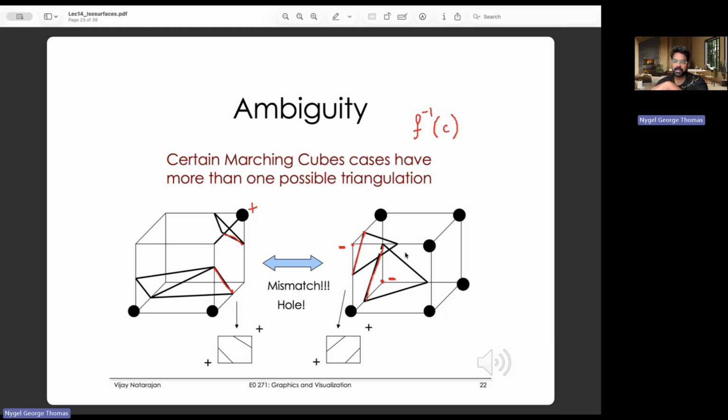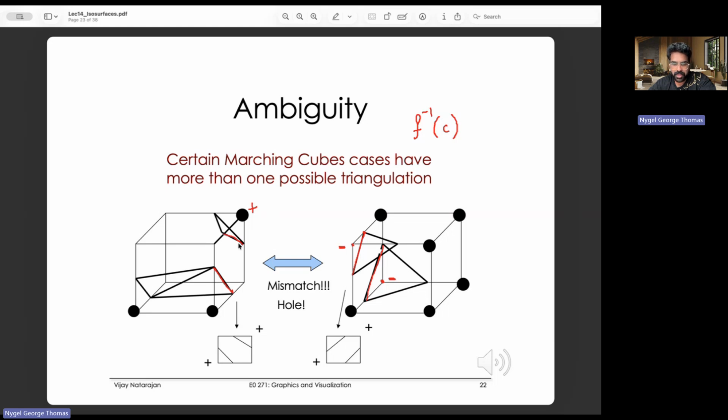And the adjacent cube has an isosurface like this. If you look at this face, which is shared between these two cubes, this face is a 2D plane.